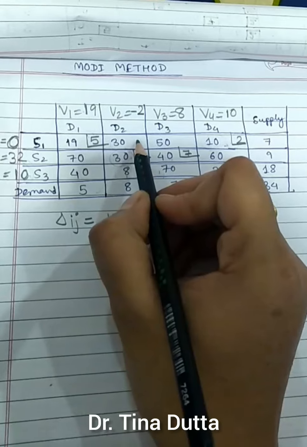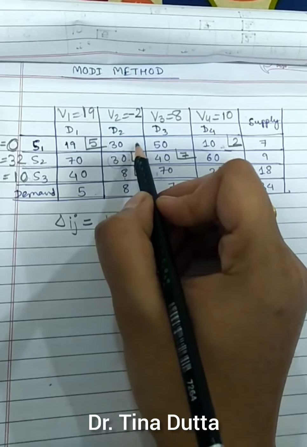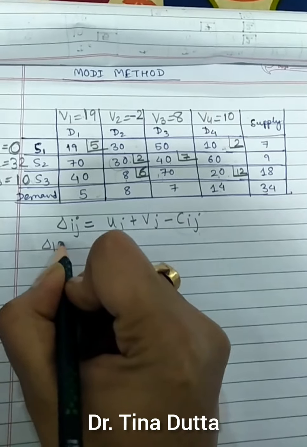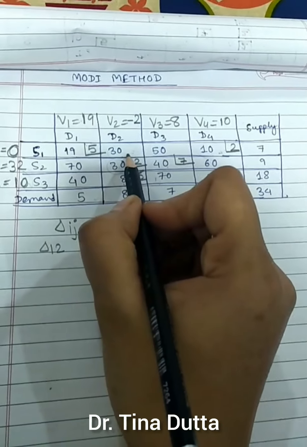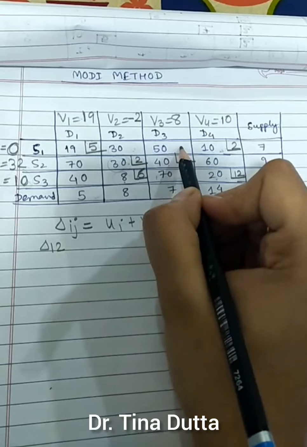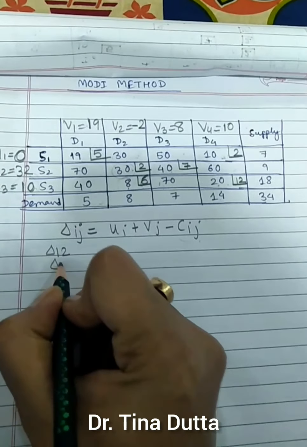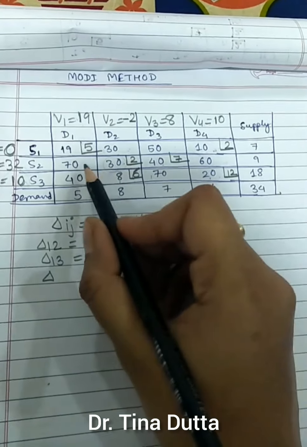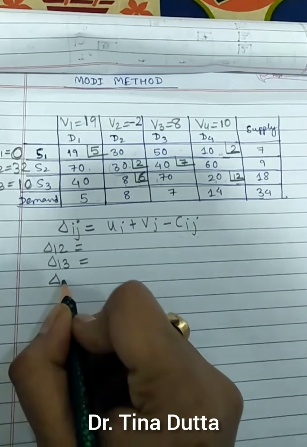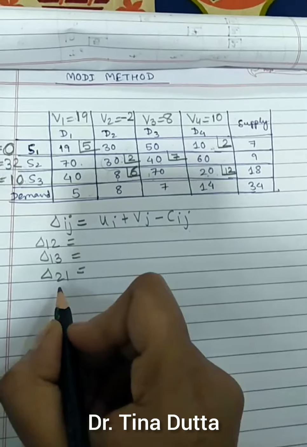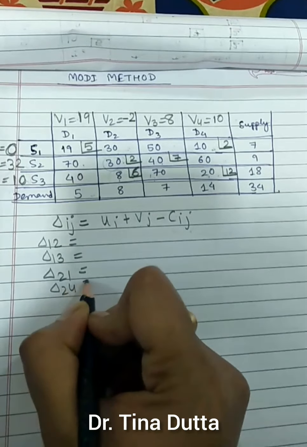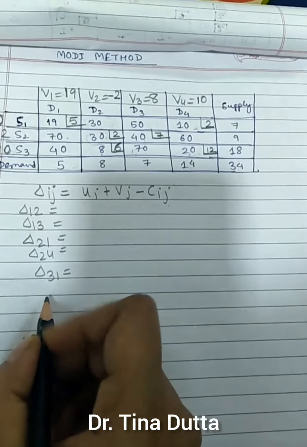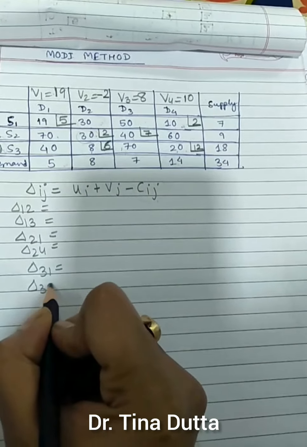This is occupied, so this is an unoccupied cell. We will calculate opportunity cost for this cell. So this is delta 1 2, first row and second column. Similarly delta 1 3 will also be calculated. Then we will calculate delta 2 1. Similarly delta 2 4, delta 3 1, delta 3 3.